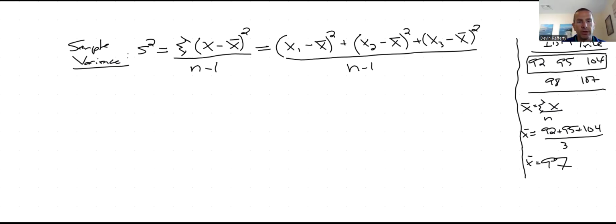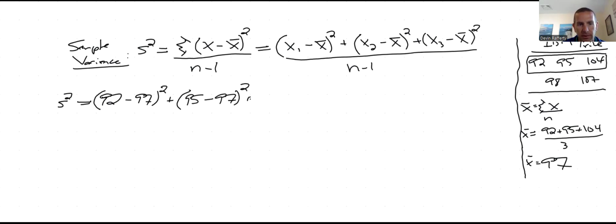Okay, now we're going to expand our formula. So S squared, the sample variance, is equal to x1, that's 92, 92 minus 97 squared, plus 95 minus 97 squared, plus 104 minus 97 squared, divided by 3 minus 1, right?